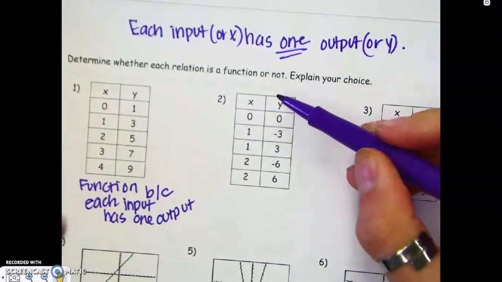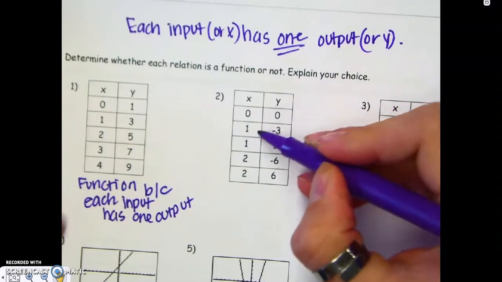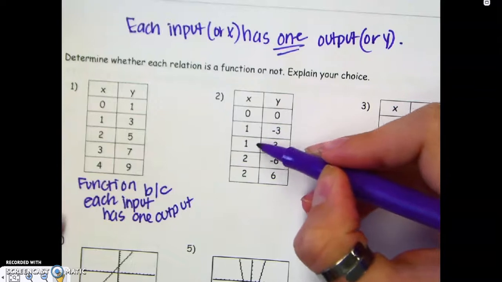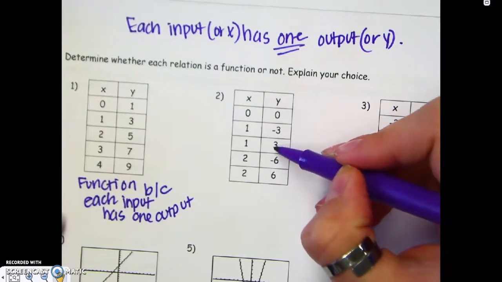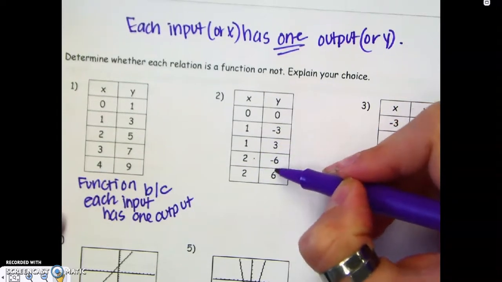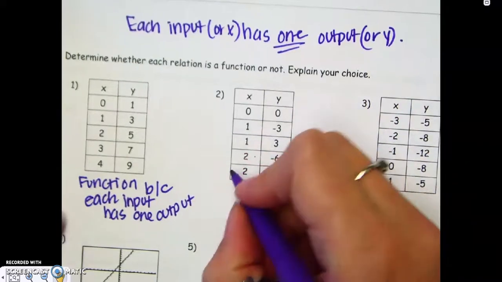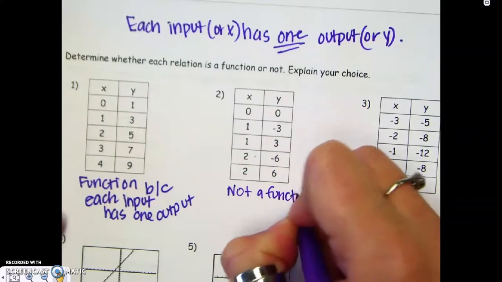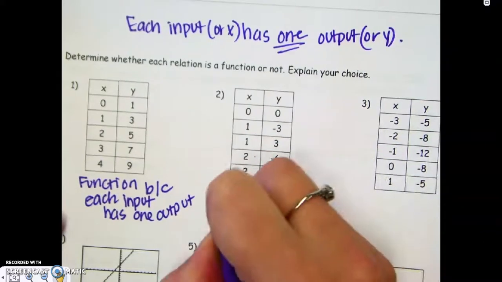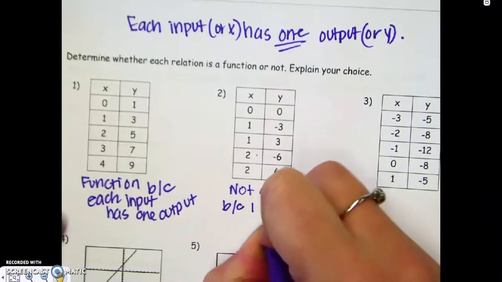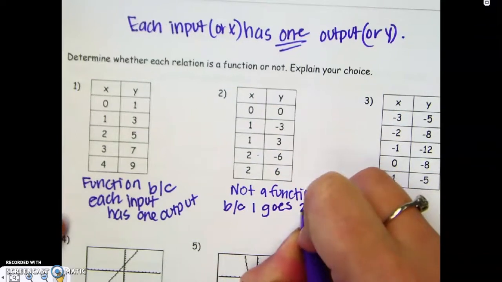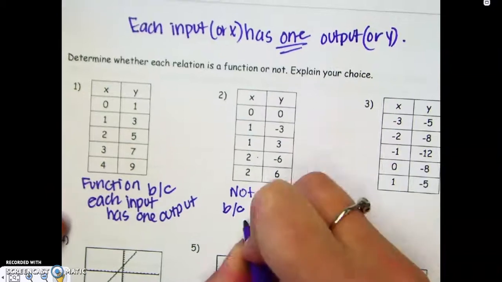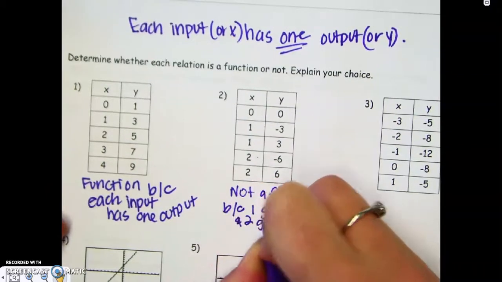If we go over to number 2, we look: 0 goes to 0, 1 goes to 1, 1 also goes to -3, 1 goes to +3, 2 goes to -6, and 2 goes to +6. So this is not a function, because 1 goes to 2 places and 2 goes to 2 places.